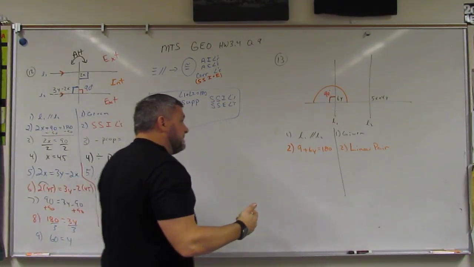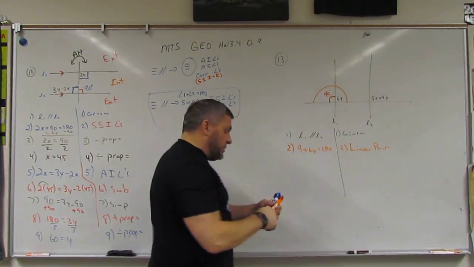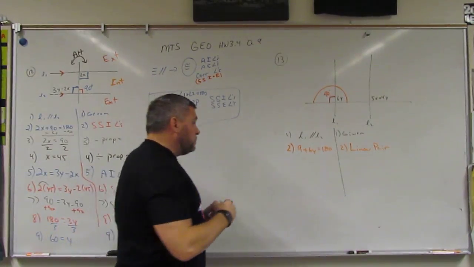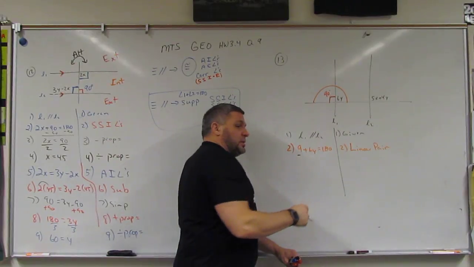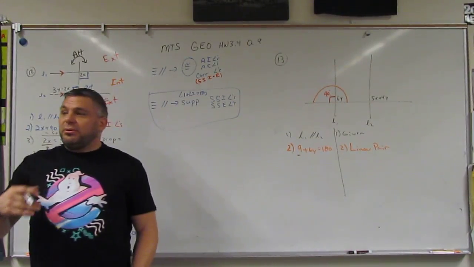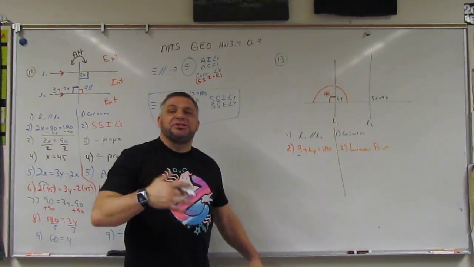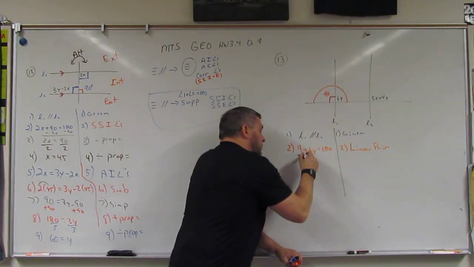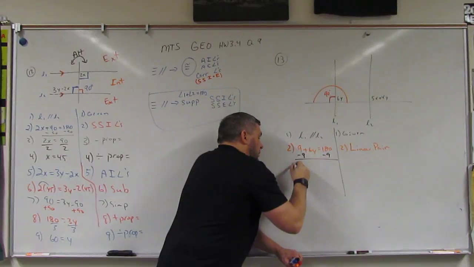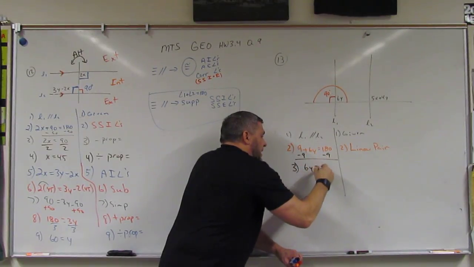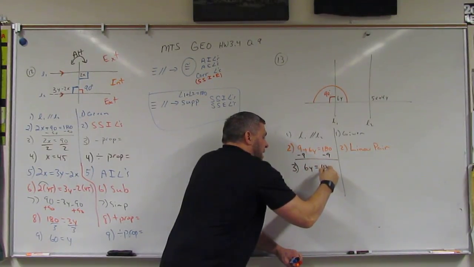Okay? Alright, so now what do we do? No. SADMD. Subtraction, addition first, right? So minus 9, minus 9. Okay? And so I get 6y equals 180.